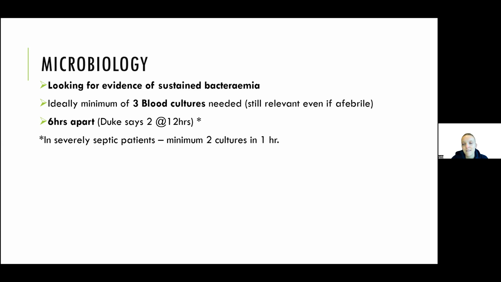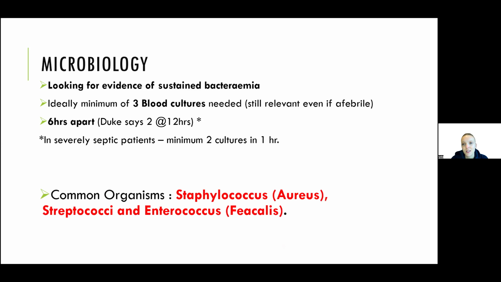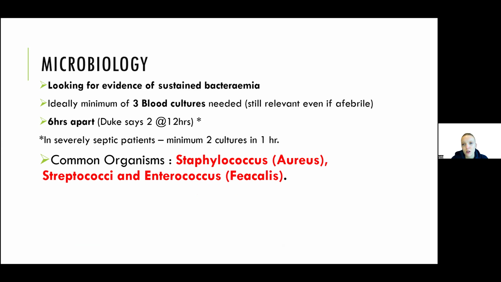Yeah, Staph aureus, yeah. So the 3rd one is Enterococcus. So your Staphylococcus, generally Staph aureus, your strep and Enterococcus, typically Enterococcus faecalis. They're your 3 most common organisms that you'll find in patients presenting with endocarditis.